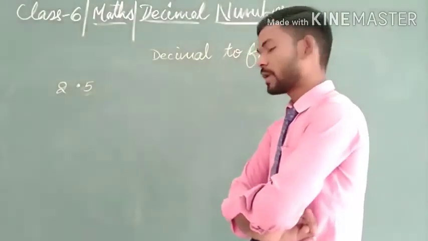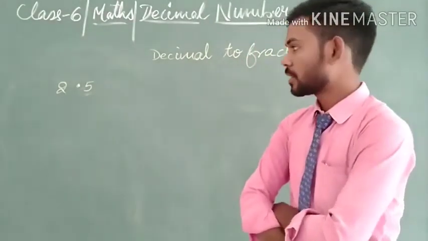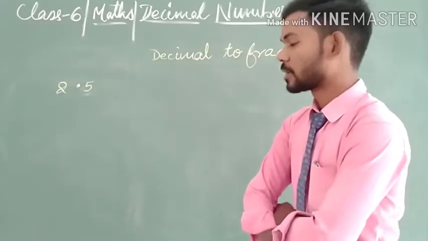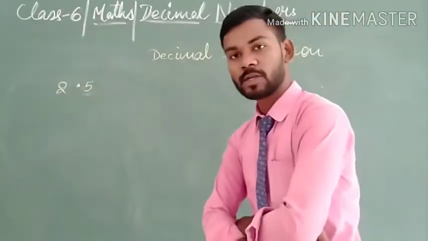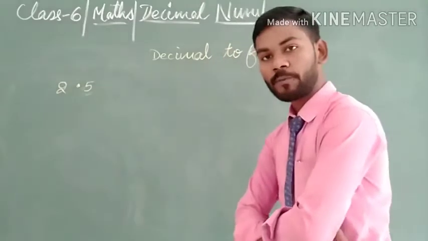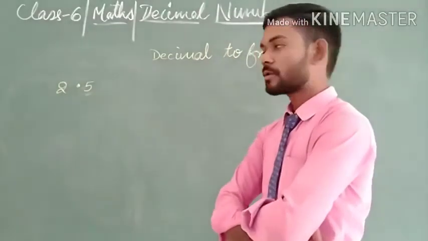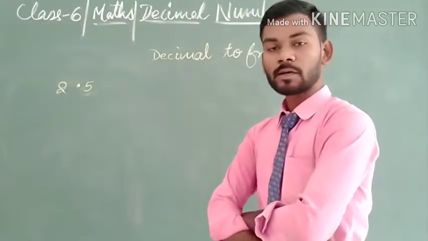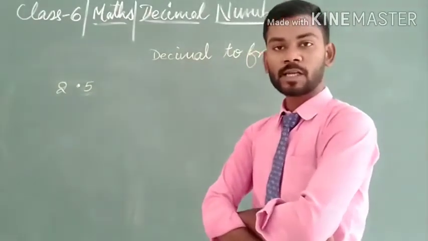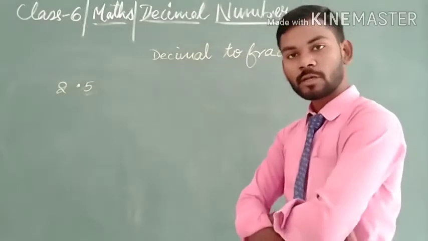Here we observe that in the given decimal number, the number of digits on the right side of the decimal is 1. Therefore, here we shall multiply the given decimal number by a multiple of 10 in which the number of 0 is 1.